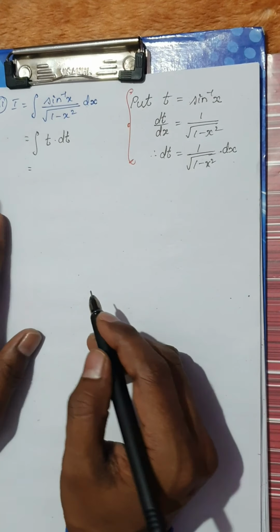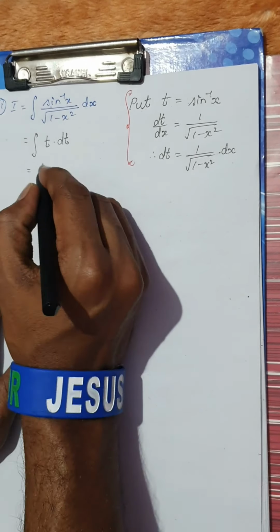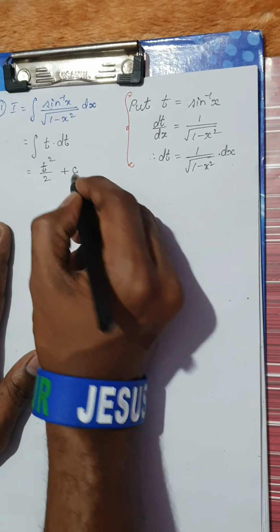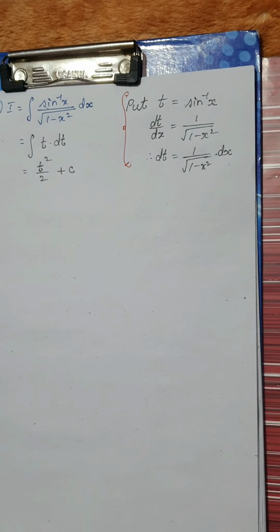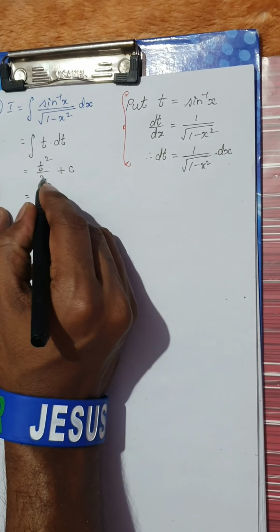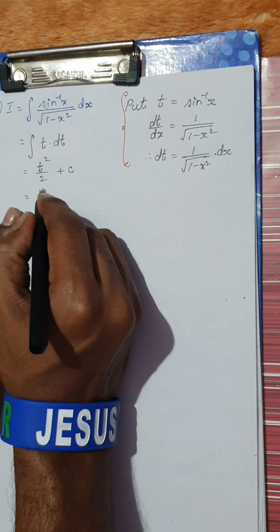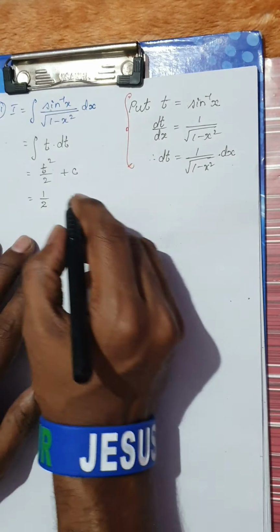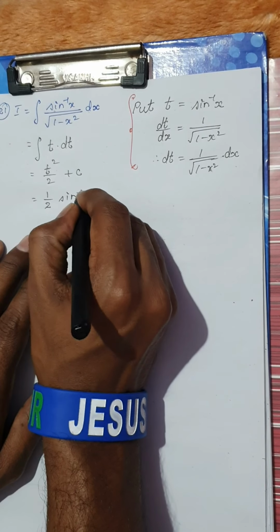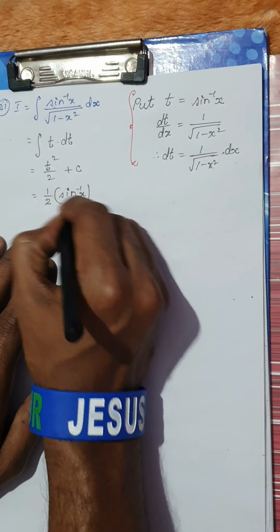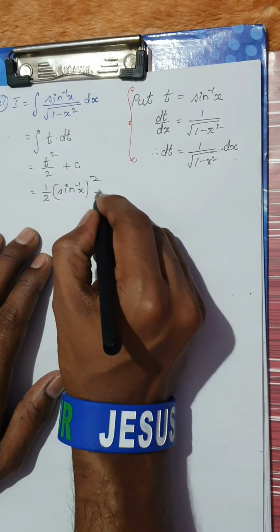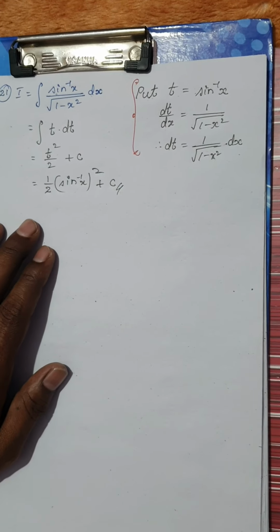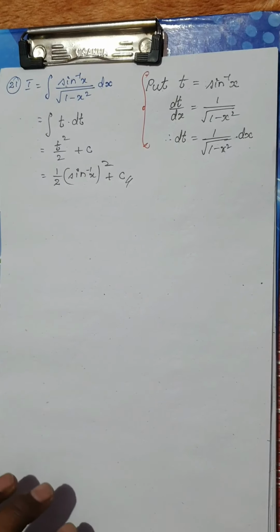So this is nothing but the integral of t dt, which is t square divided by 2 plus the constant of integration. Finally, let me substitute back for t. It is t square by 2, or half into, what is t? t is sine inverse of x, whole square, plus the constant of integration. Is it clear? So this is the final result.